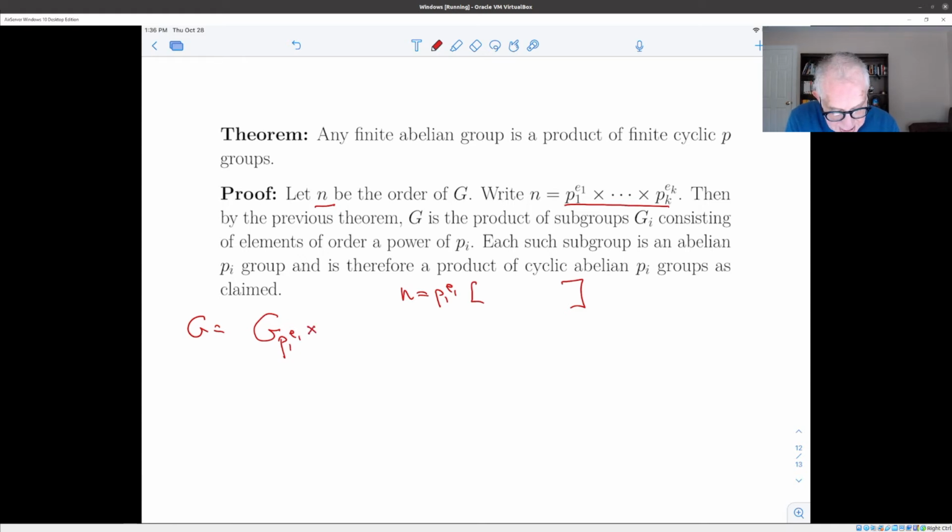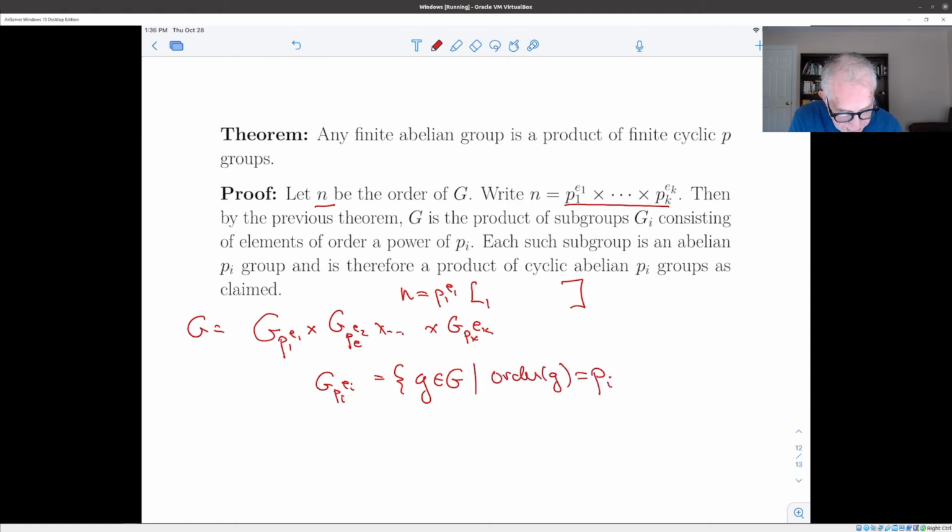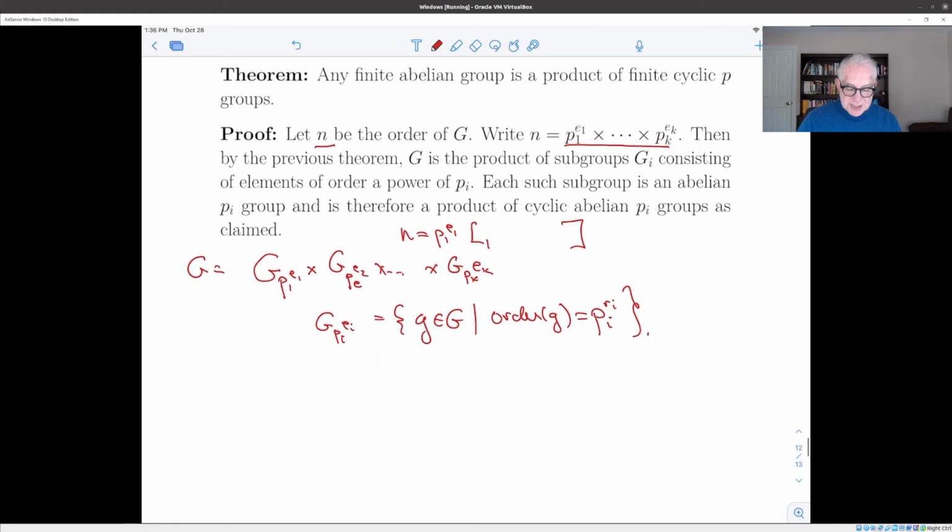But then you can do the same thing for the next one. And these are distinct primes. And here, G_{pi^ei} is the collection of elements g in G for which the order of g is a power of just this one prime. And the previous result says that this is an isomorphism applied inductively.